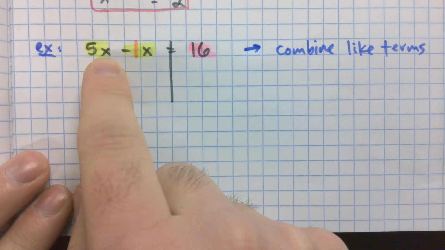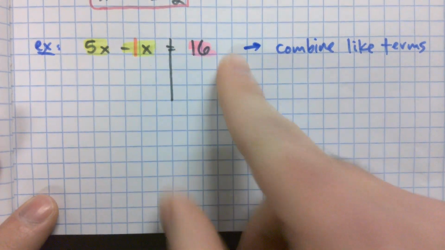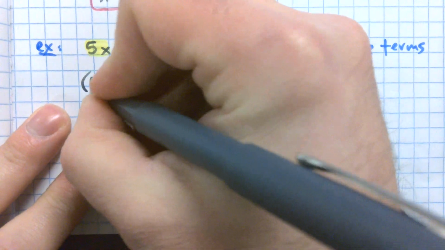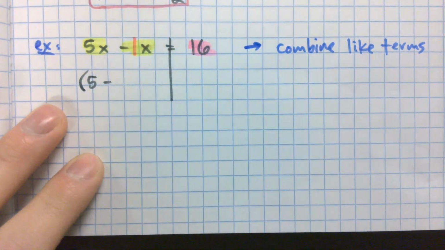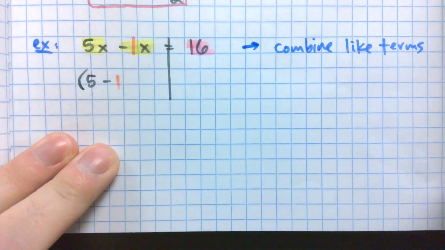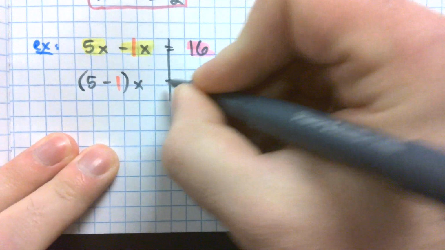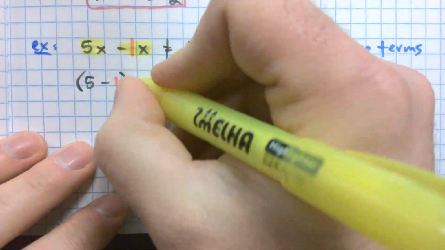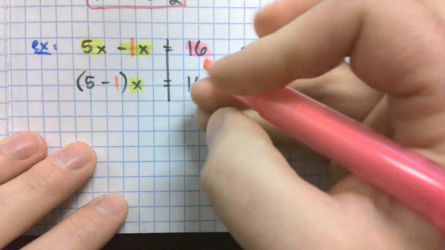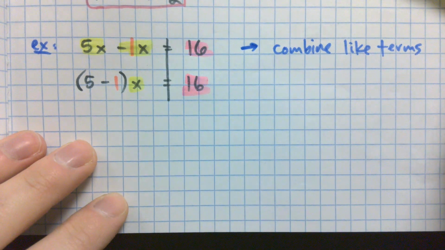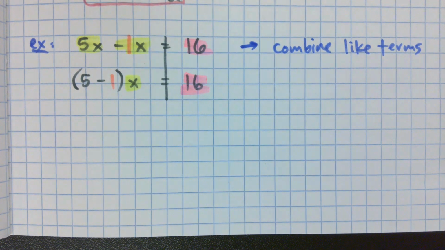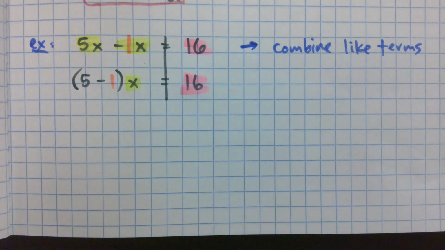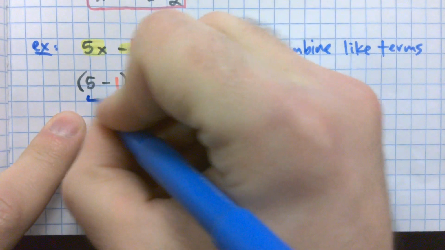So if I have 5x minus 1x, if we remember, we can bring out the 5 minus 1 in front of the x, just like that. If I have 5 x's and I take 1 x away, how many x's do I have now? 4.